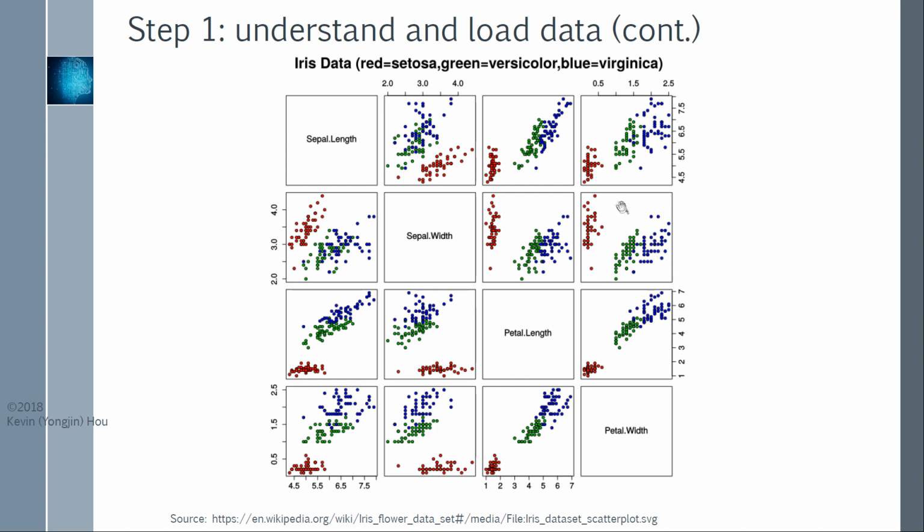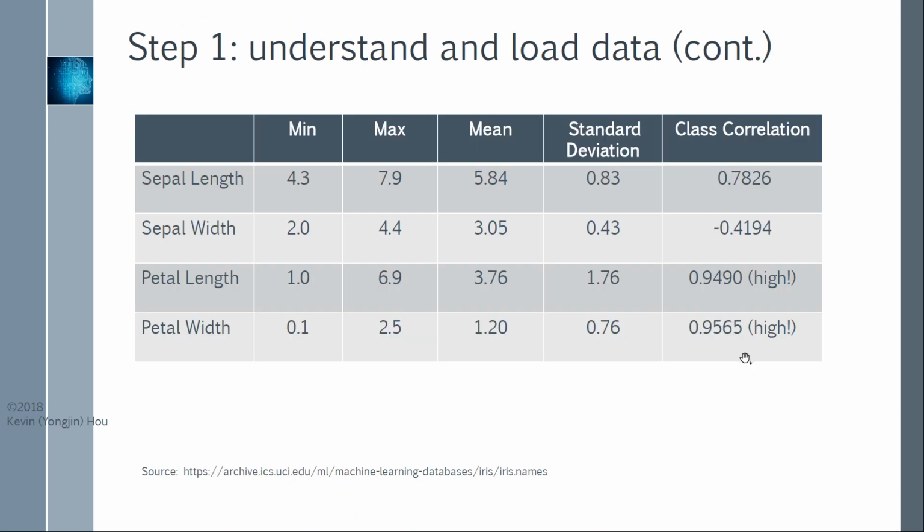The chart we're observing here is consistent with what we saw on the previous page, the class correlation. As we can see, petal length and petal width have very high class correlation, and the other two variables are not that high, even negative correlation.